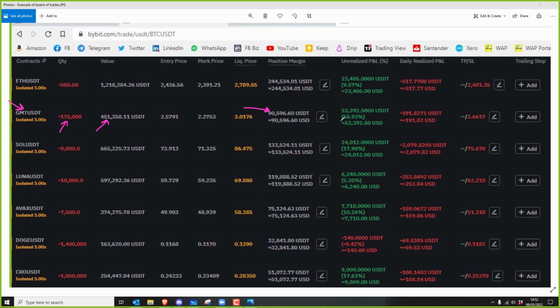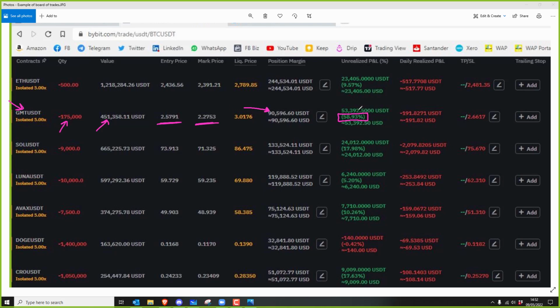Now the thing that confused me was this percentage bit here. I couldn't work it out until I had a proper look at it, because it says here that I'm 58.93% up, but up on what? Obviously the price hadn't gone up. Gone down 58%, because look, I shorted it at 2.57, but the price at this point was 2.27. That's like a 2% drop off the top of my head.